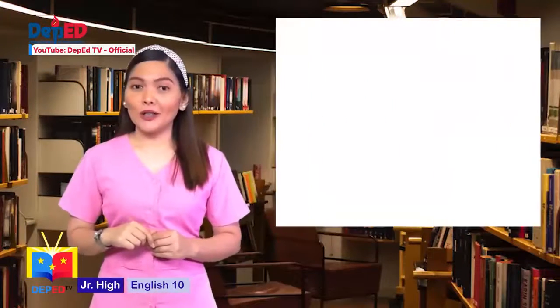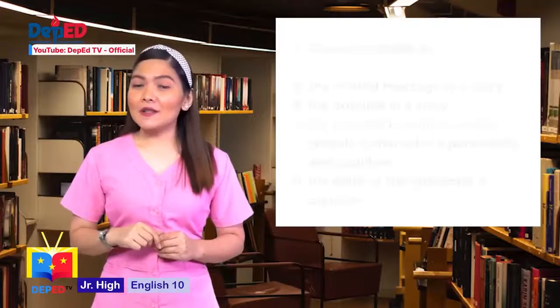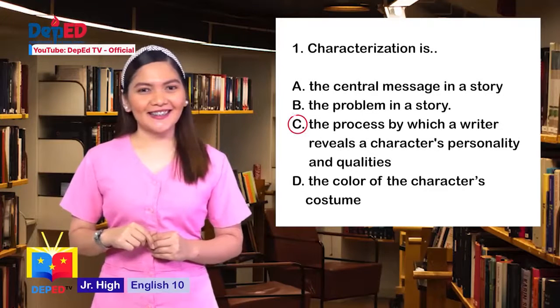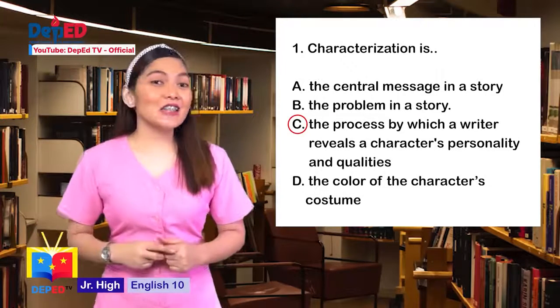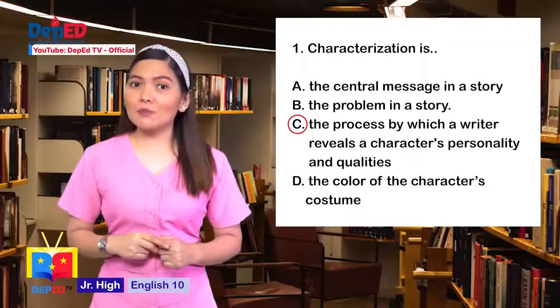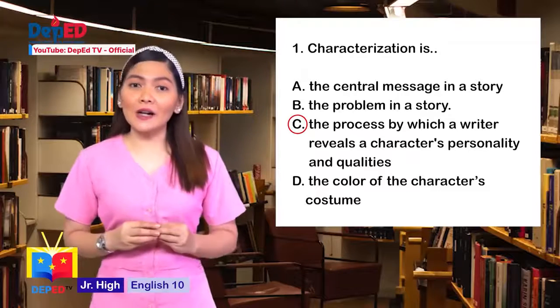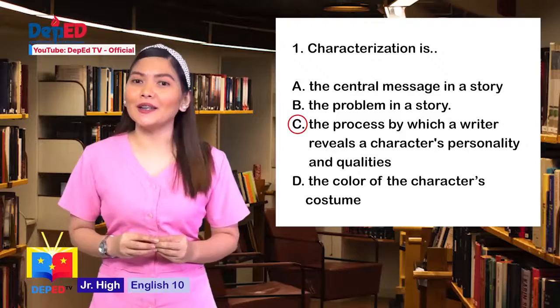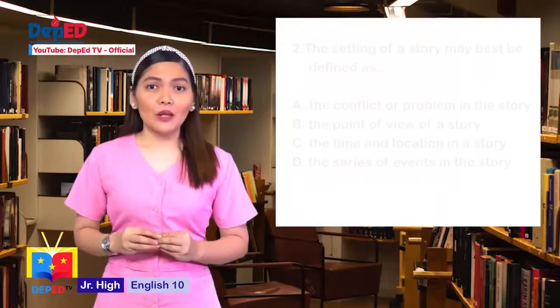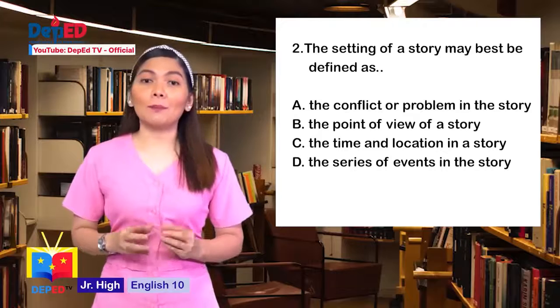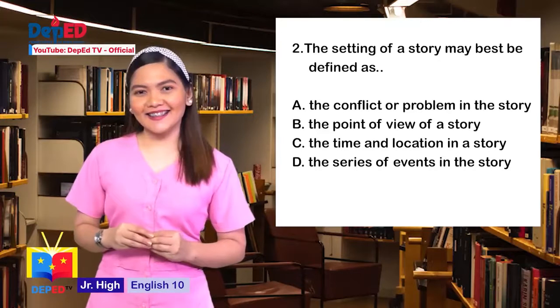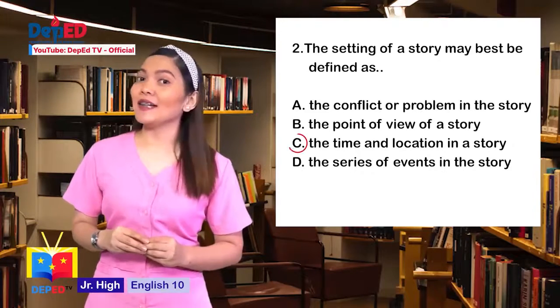Checking time! Number 1. Characterization is correct. It's letter C, the process by which a writer reveals a character's personality and qualities. Number 2. The setting of a story may be best defined as right.